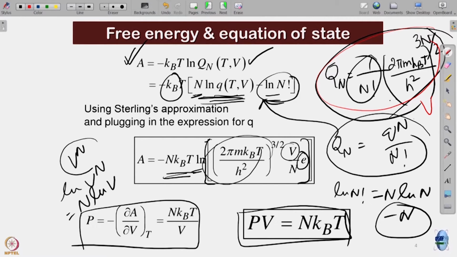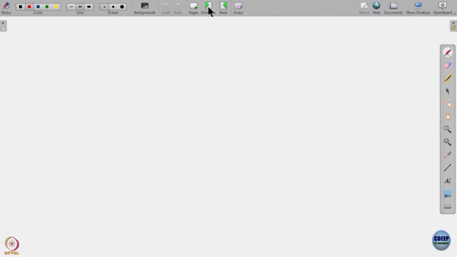For n particles we have q to the power n, and then we derived the free energy. All these details were done in the previous page.